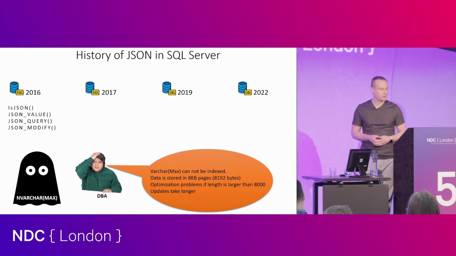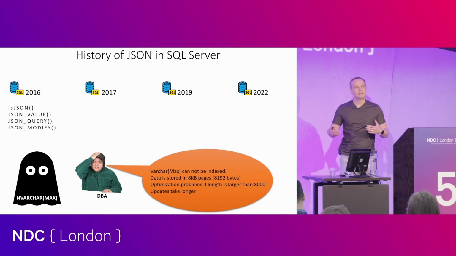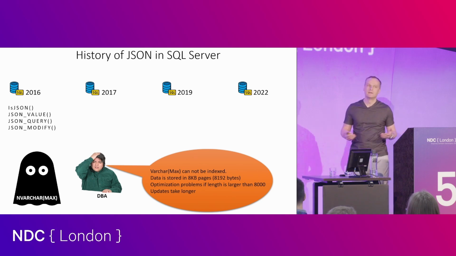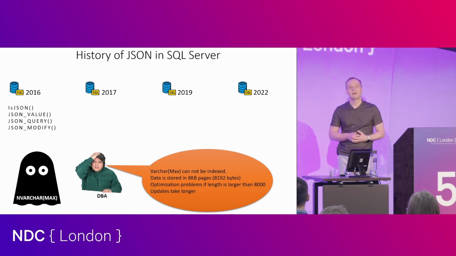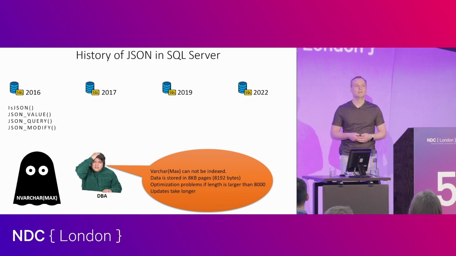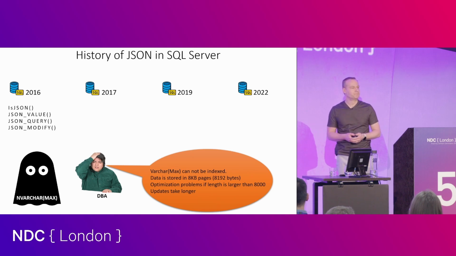That was the first concern. Second, the data is saved in SQL Server in 8 kilobyte pages. Since we don't define any size here, and it's max, it's not easy to optimize varchar max in SQL Server. Also, updates take much longer because of the data type. Those were the DBAs' concerns, and they are still concerns.